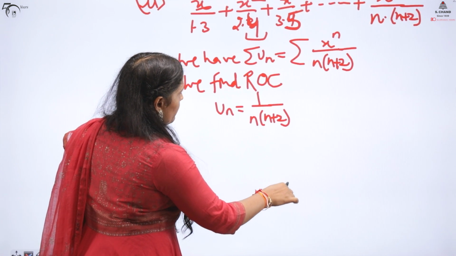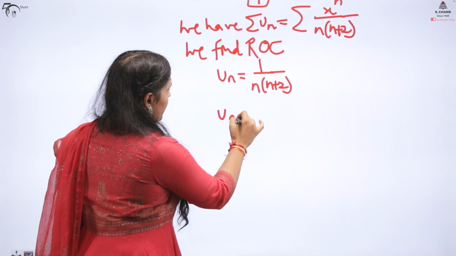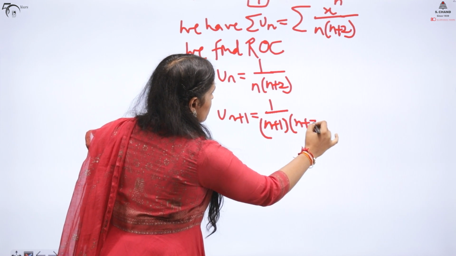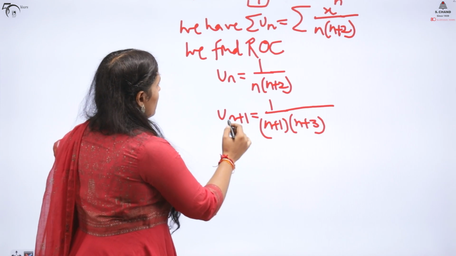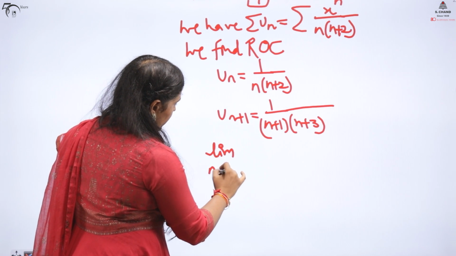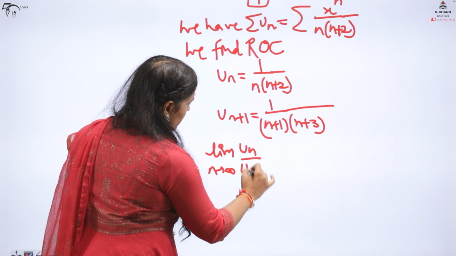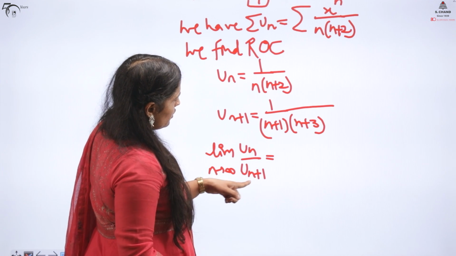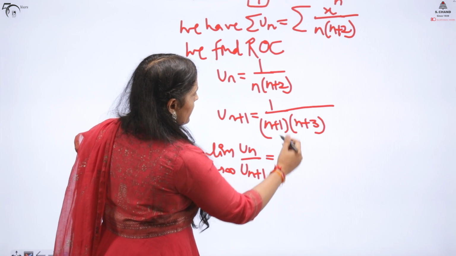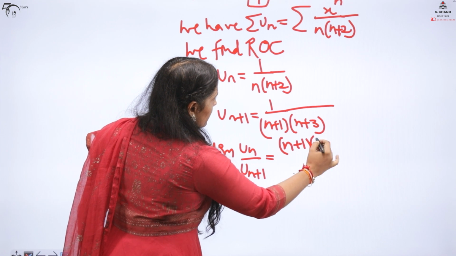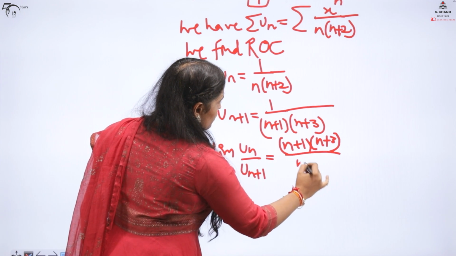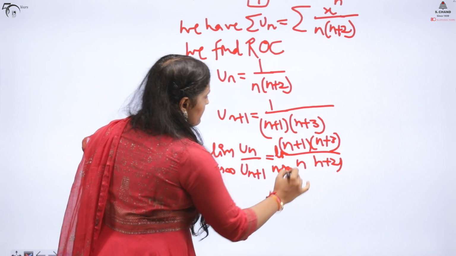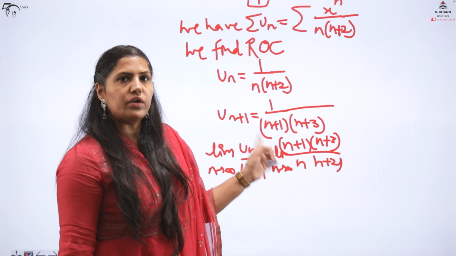Here also there is no power, so I will apply the second formula, which is without power. Limit n tending to infinity un upon un plus 1. You know that if un plus 1 is in the denominator, this term will get reversed. So I am writing it this way. It is infinity, and in numerator and denominator we have n.